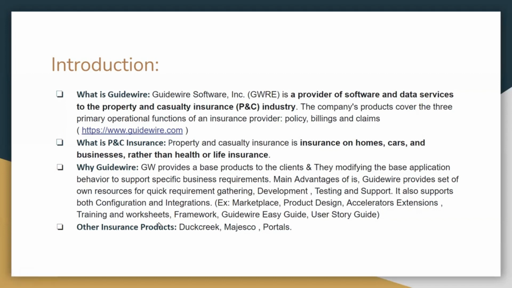For training and worksheets, they receive the application guide so that they can learn from it, and the framework is given to the developers. The Guidewire Easy Guide, like the Policy Center application guide, is also provided. The user story guide covers how stories should be written, and how the product model and everything will be configured in the Guidewire applications.